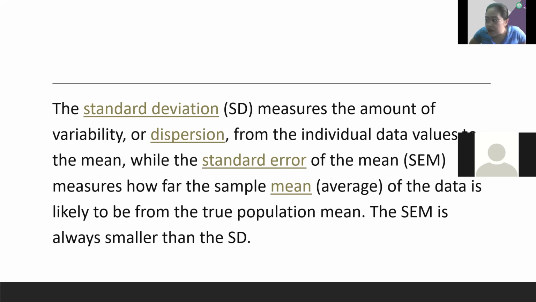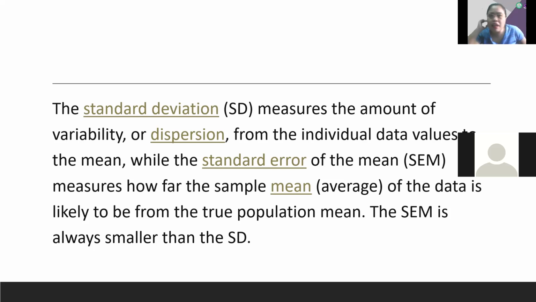Na-experience ko ito sa experimental research last, I don't know pa, I think that was 3 years ago, na yung data nila malayo talaga with each other. Ano study yun? Weight lowering activity of a certain plant.